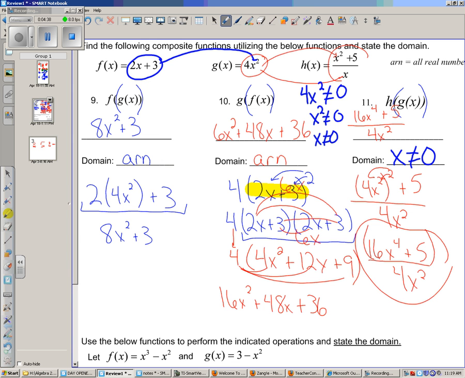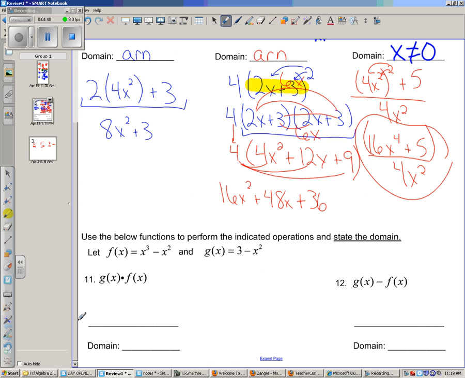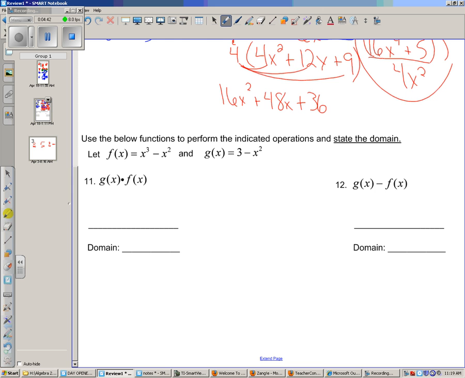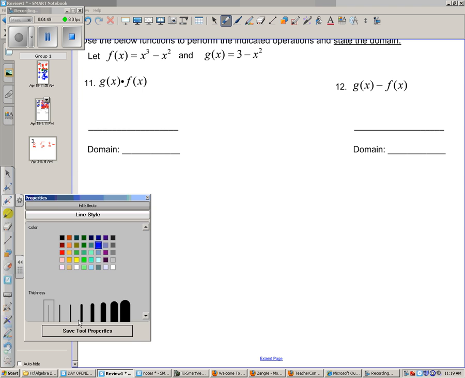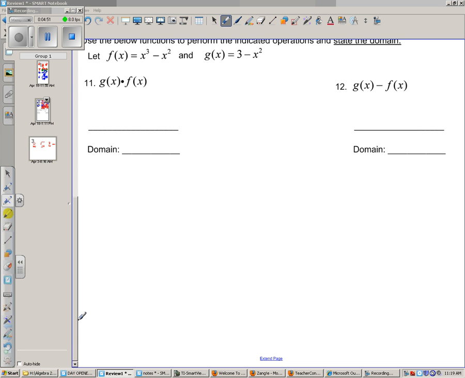All right, almost done. Let's go to the last two. On 11, I am multiplying the two functions. So when I multiply the two functions, I'm going to take g of x, and I'm actually going to rewrite it so it's in standard form.